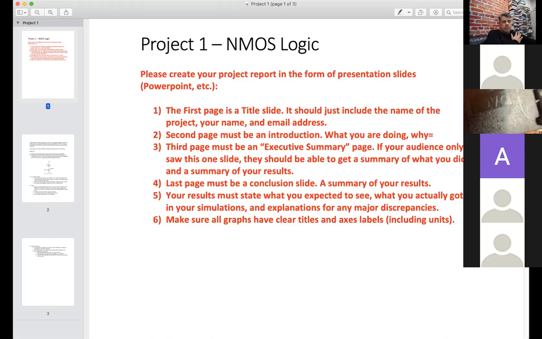Now, one thing to remember when you're making slides for a presentation is that you always have a point of view. You are always telling a story in your presentation. It's never a neutral thing. It's never just a graph of something. If it's a graph, you have to specifically say what the graph is telling you.